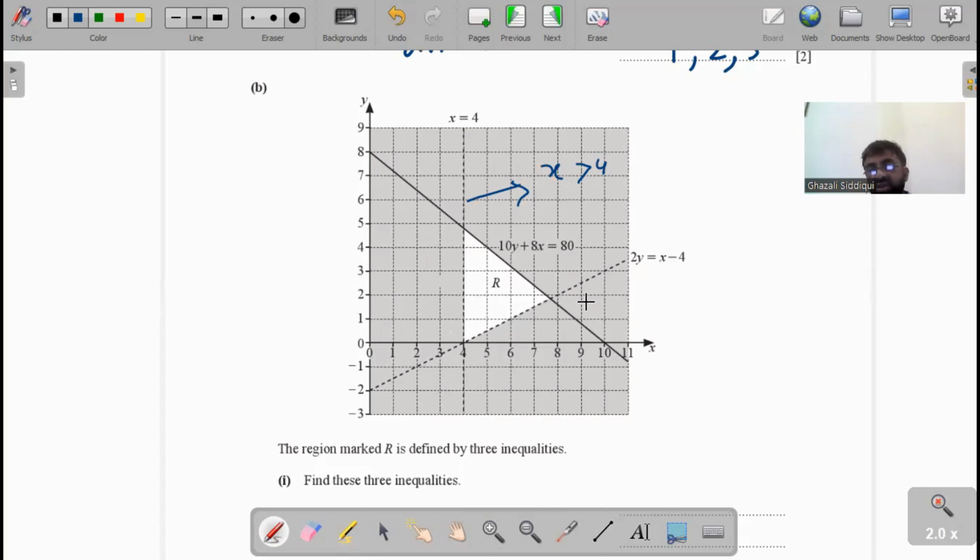Second equation is given, 2y is equal to x minus 4. This region will be greater than, so we can write 2y greater than or equal to x minus 4.